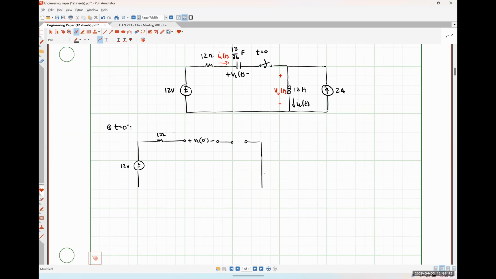This is our inductor current at 0 minus. Here is our 2-amp source.